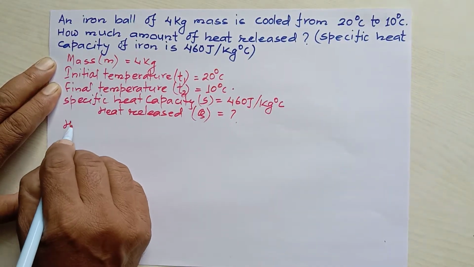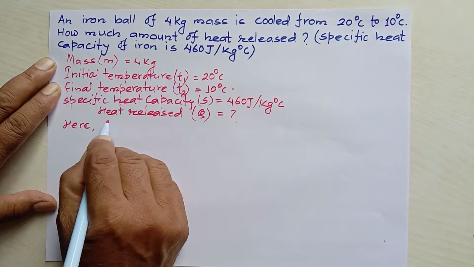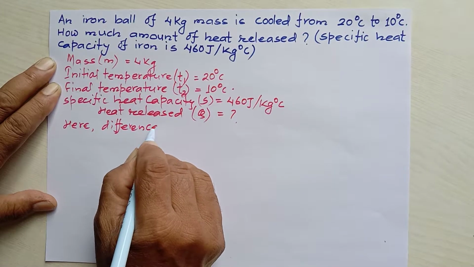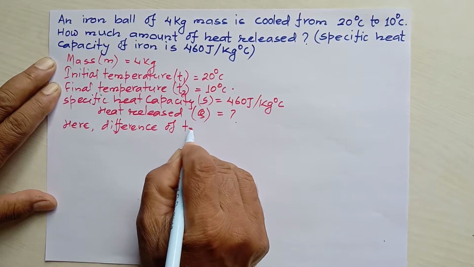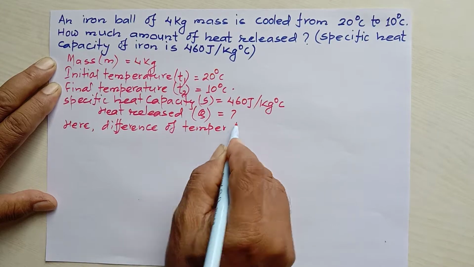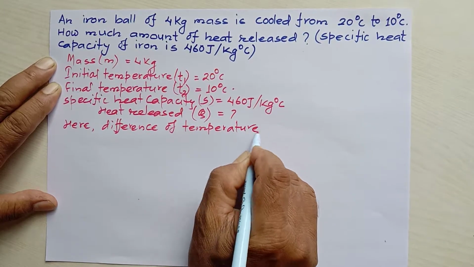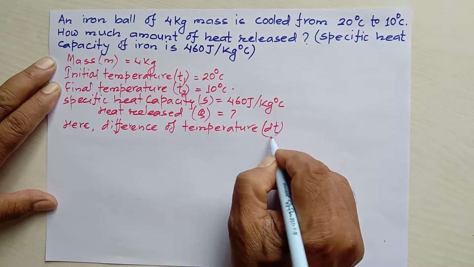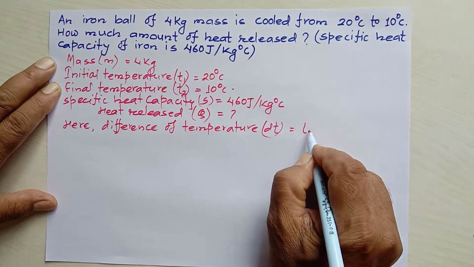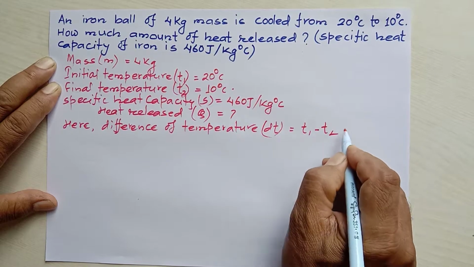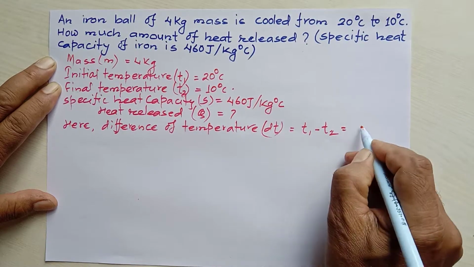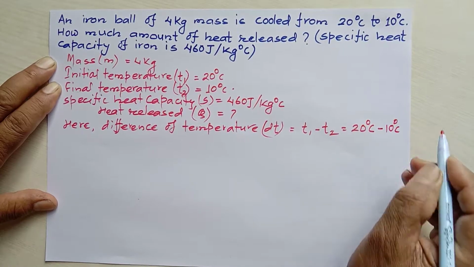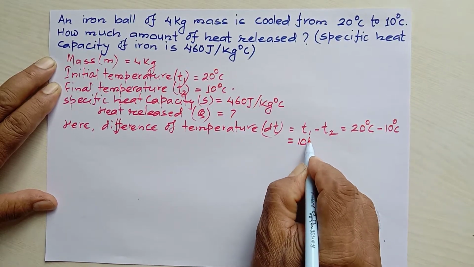Difference of temperature, which can be denoted by dt. This is equal to T1 minus T2. Now this is equal to how much? 20 degrees Celsius minus 10 degrees Celsius, and this is equal to 10 degrees Celsius.